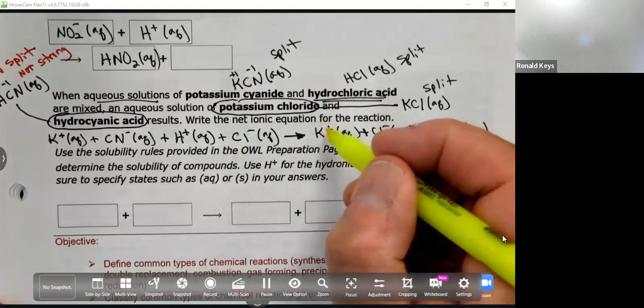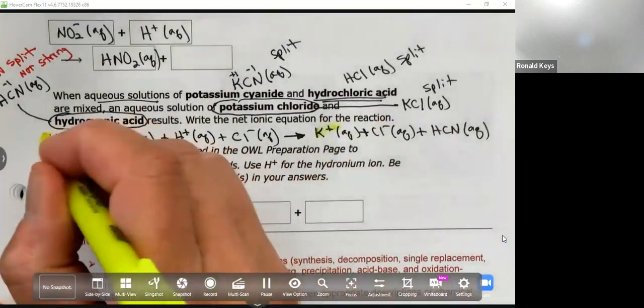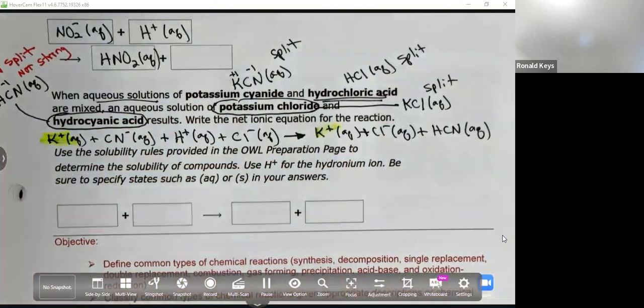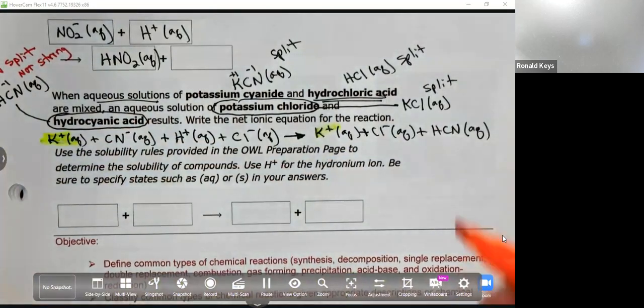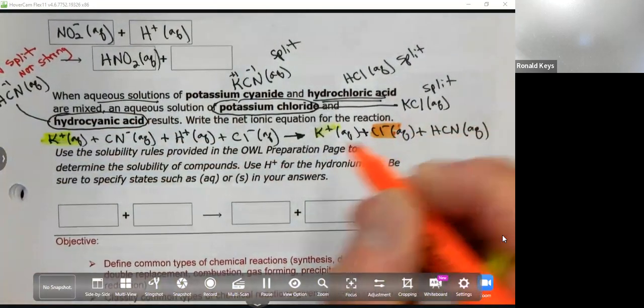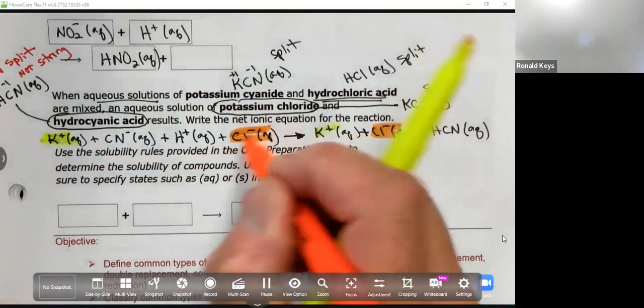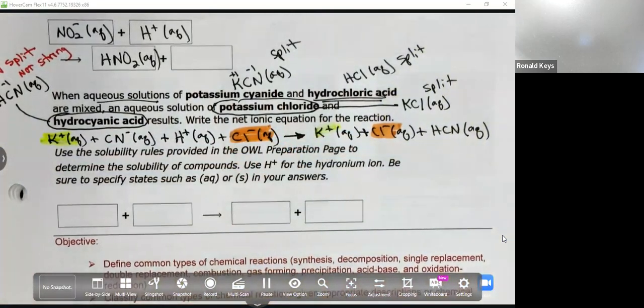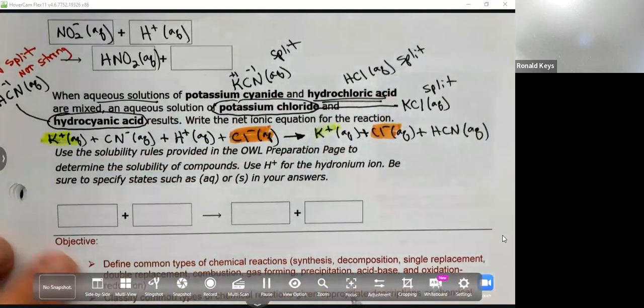So spectator ions. Looks like we've got K plus, Cl minus. And it looks like we can fill it in.